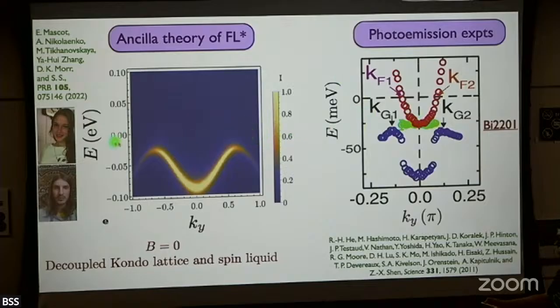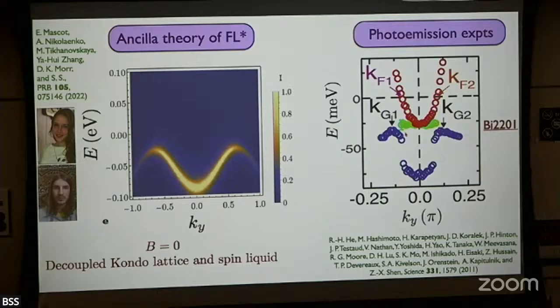There's a gap here, and that gap's supposed to map onto this gap here. And that's how we fit the value of phi. And that's still there. Now, will we also get that green part? I think we will, but we haven't looked for it carefully. So there's two gaps near the antinode. There's a gap due to B and there's a gap due to phi. Near the node, the gap is entirely due to B.